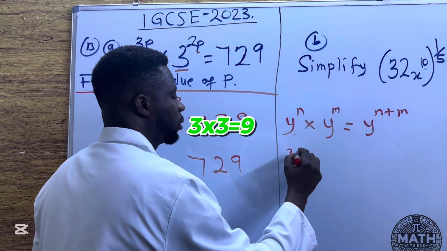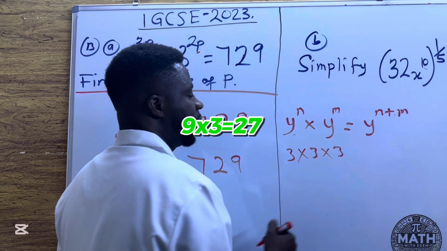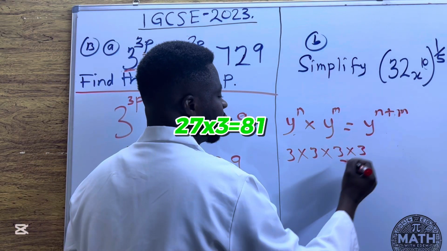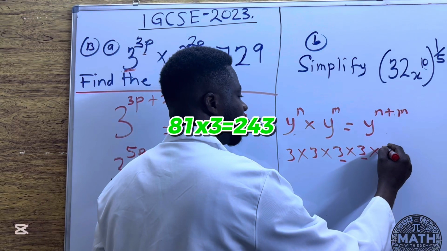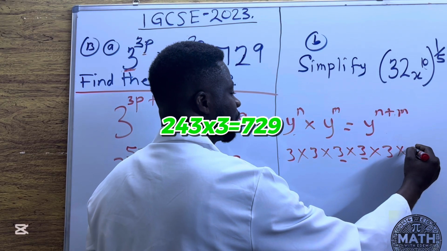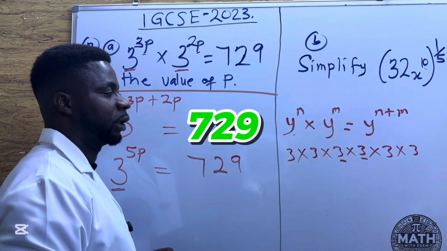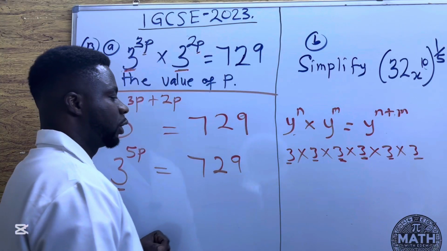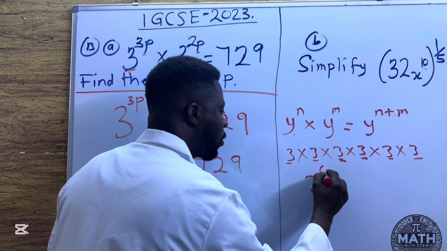So 3 times 3 gives us 9. 9 times 3 gives us 27. 27 times 3 gives us 81. 81 times 3 gives us 243. 243 times 3 gives us 729. So we have 1, 2, 3, 4, 5, 6. So this is going to be 3 to the power 6.